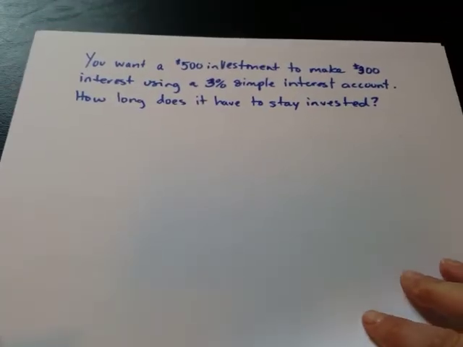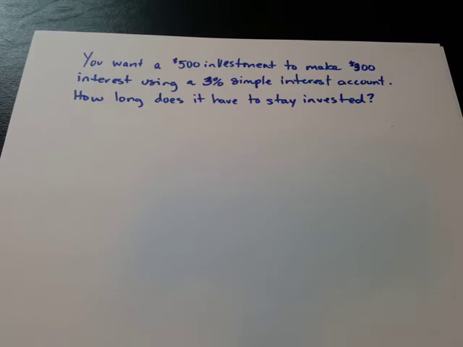We can also see a level 2 type question where we're given the interest and we need to solve for, let's say, rate or principal or time. So again, it's a great idea to go through the question and figure out what is given, what is required.